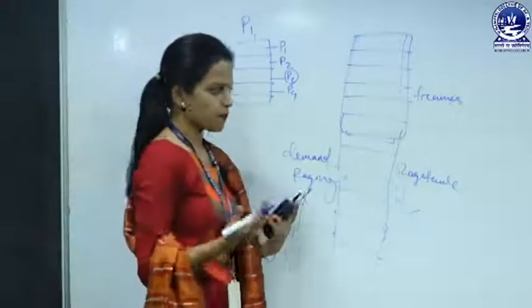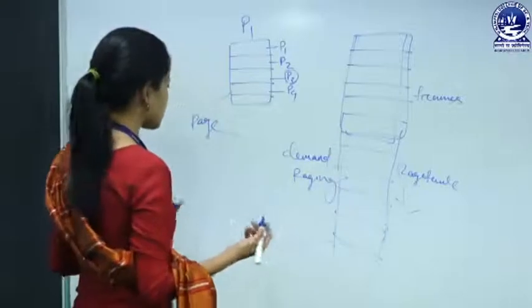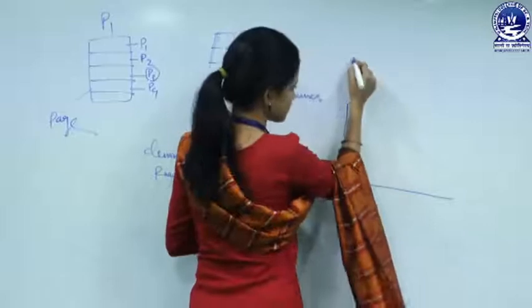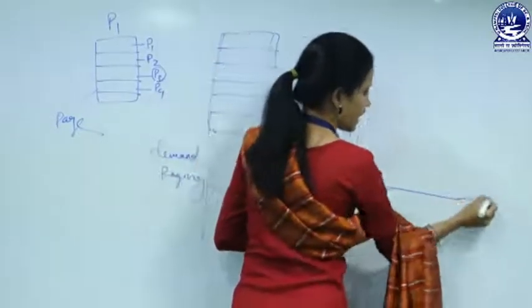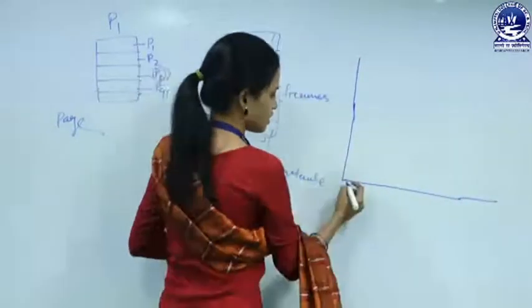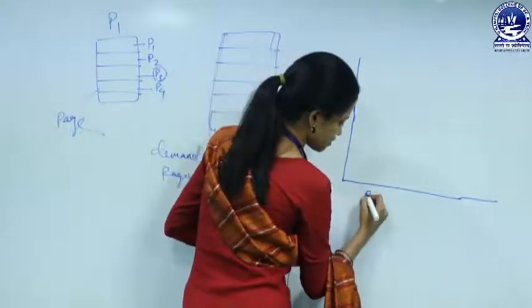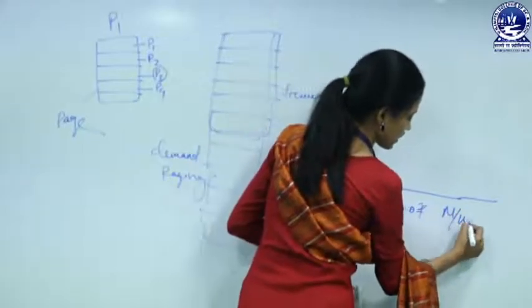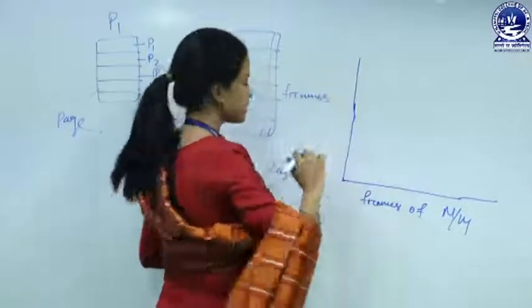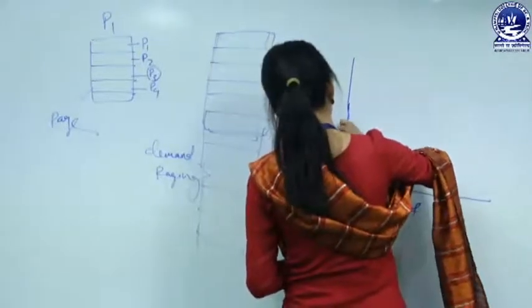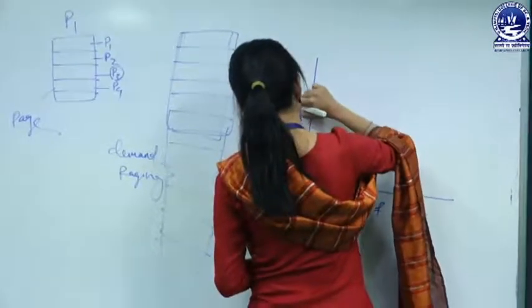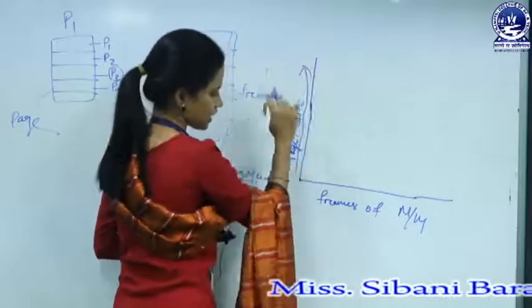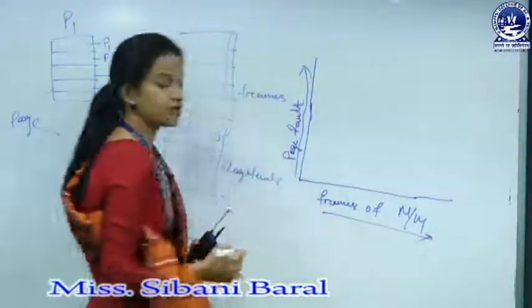If I draw the graph like this, on this side I took page faults, and on this side I took frames of main memory.